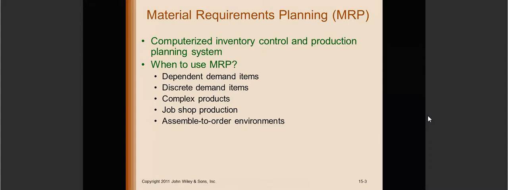Material requirement planning is only suitable for certain characteristics, which is dependent demand items. The items included in the material requirement planning system must be dependent demand items, discrete demand items with a complex product process.